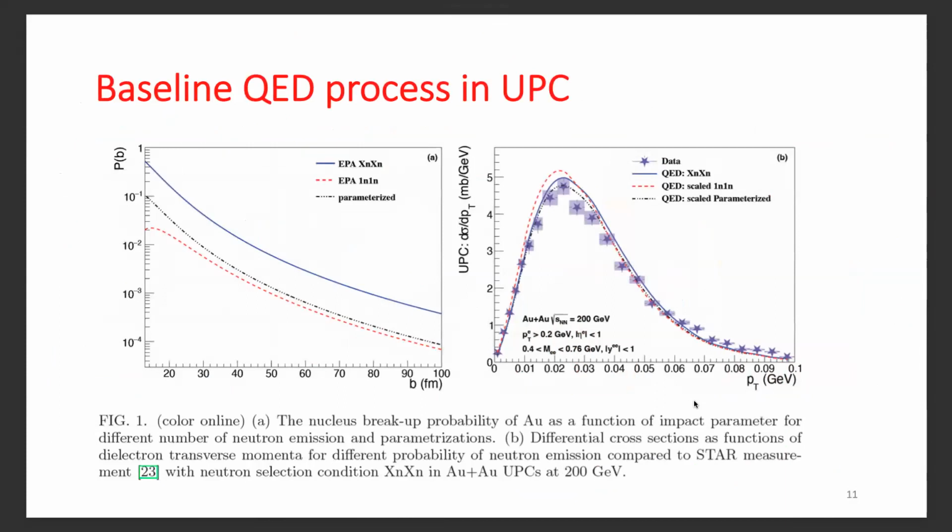You could imagine that you have a whole ladder diagram of electrons interacting with the Coulomb field. Why are they so small? Okay, I think in the 90s and 2000s there were many papers arguing about the Coulomb corrections.